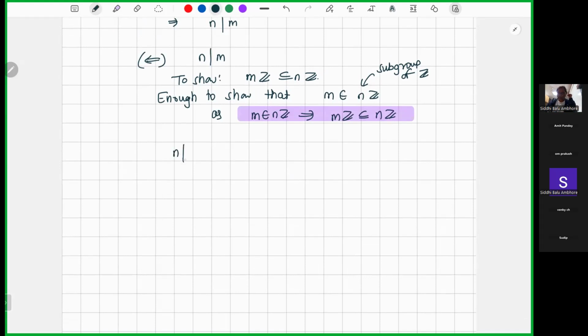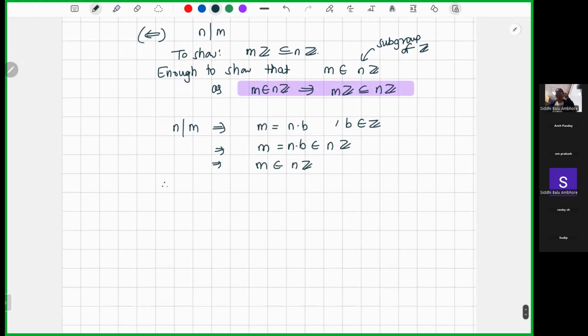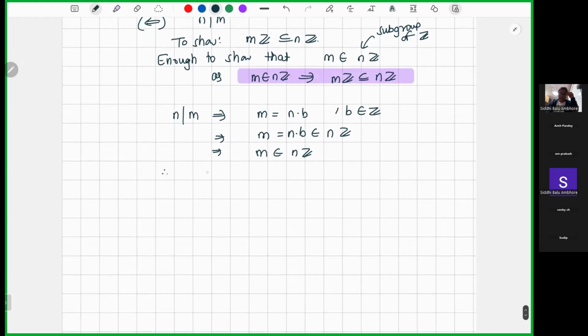Okay, so N divides M. This implies that M is equal to N times B, where B is some integer. So this implies that M anyway belongs to NZ, because NB belongs to NZ. So therefore M belongs to NZ, and therefore MZ is contained in NZ. Any doubts here?